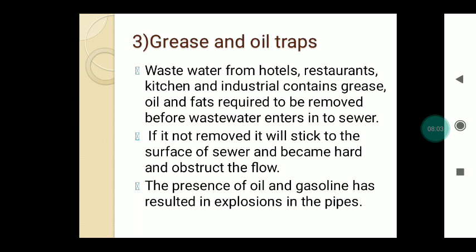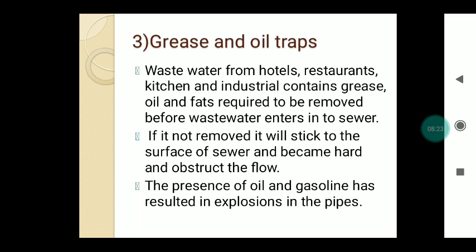Okay, next appurtenance is nothing but the grease and oil trap. The wastewater from hotels, restaurants, kitchens and industries contains grease, oil and fats which are required to be removed from the wastewater before entering the sewerage system.